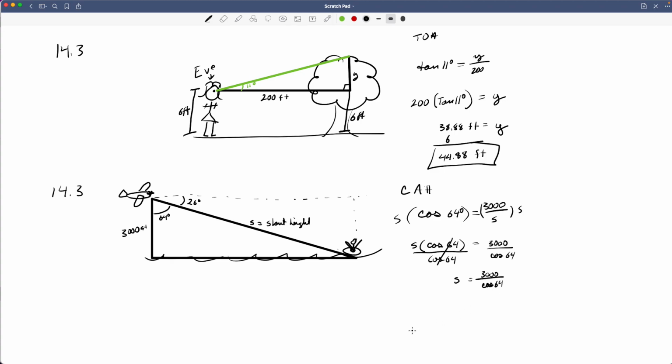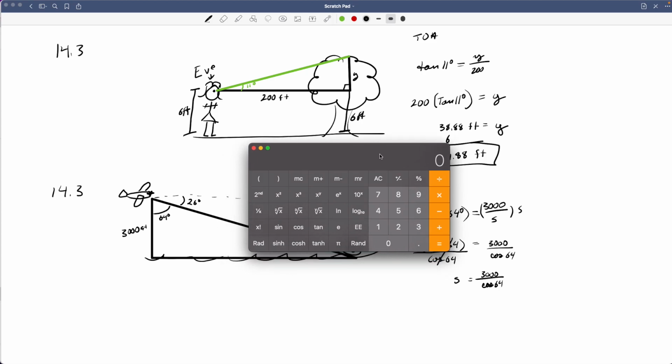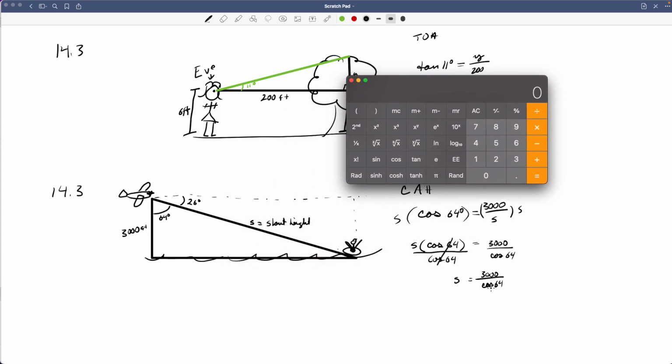How do we do that on a calculator, Miss Tracy? Here we go. First we're going to clear it. When you look at this, we know we have to find the cosine of 64 and divide 3,000 by it. If you have parentheses on your calculator, you can do that pretty readily. We're going to say 3,000 divided by, then parenthesis, then 64 cosine, parenthesis, equals.